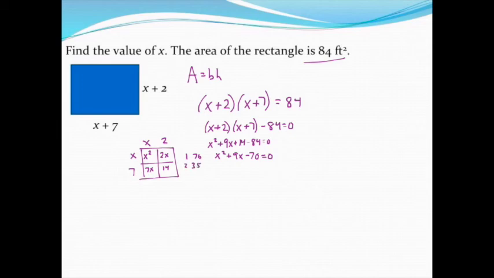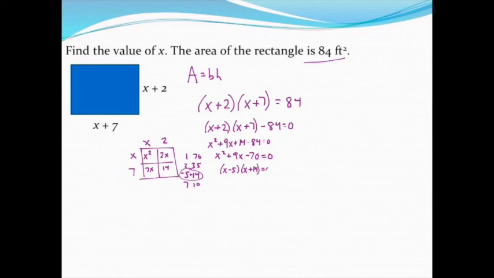I've also got 5 and 14 that works, and then I've got 7 and 10 that works. Knowing that one of my signs is positive, one sign's negative, I'm thinking that a negative 5 and a positive 14 would be a good combination to pick. So I'll factor this as x minus 5 and then x plus 14.